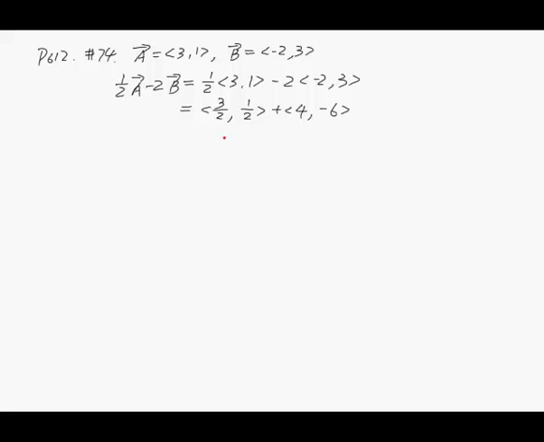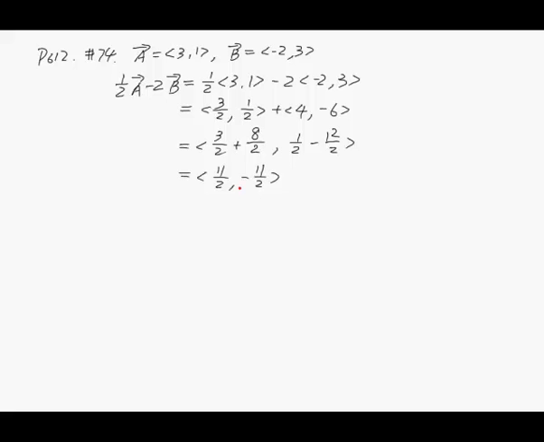Now you add these two vectors component by component. So 4 plus 3/2, you reduce them to the common denominator, that is 8/2 for 4, right? And then 1/2 minus 6. So this is equal to 1/2 minus 12/2. Then you simplify, you have 11/2 and 1 minus 12, negative 11/2.